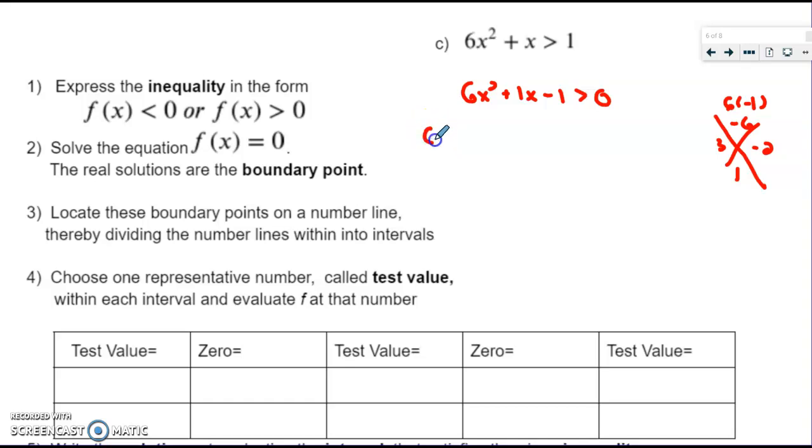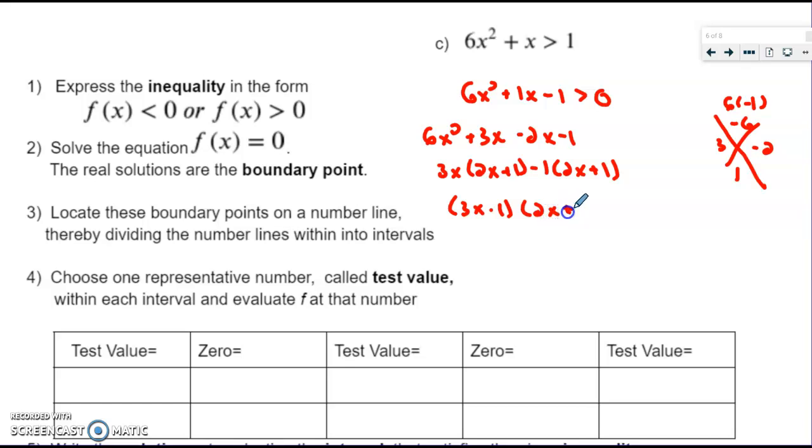So I got 6x squared plus 3x minus 2x minus 1. The greatest common factor between the first two terms is 3x, which gives 2x plus 1, and then minus 1 is the greatest common factor of the other two, so I got 2x plus 1. So my factored form is 3x minus 1 and 2x plus 1.